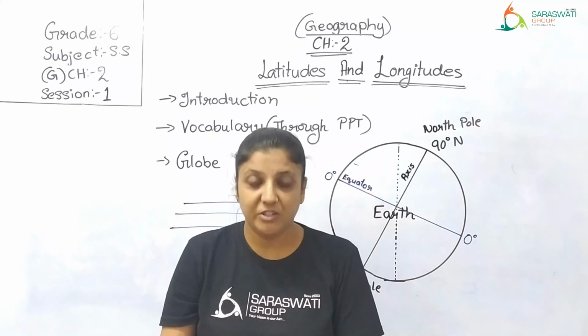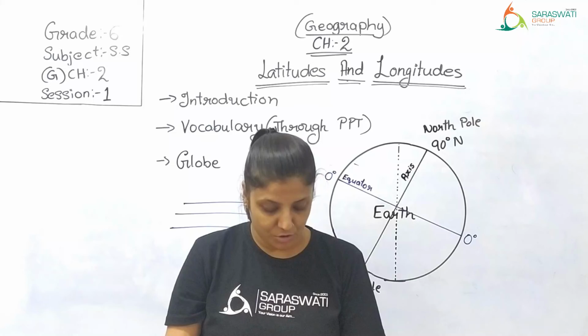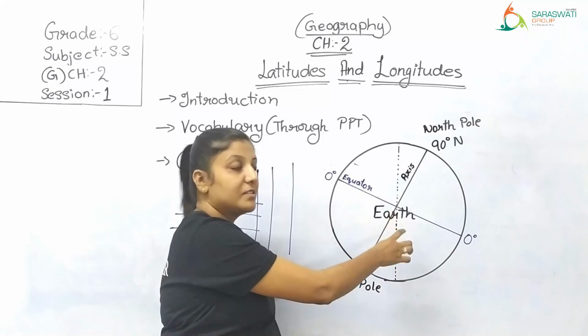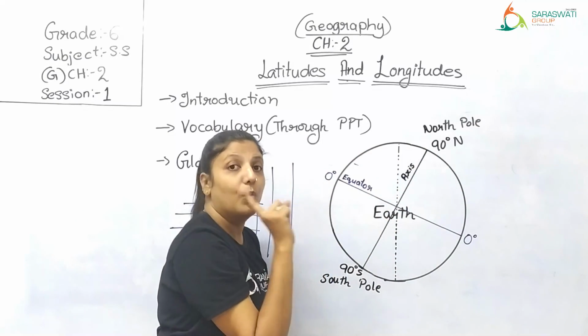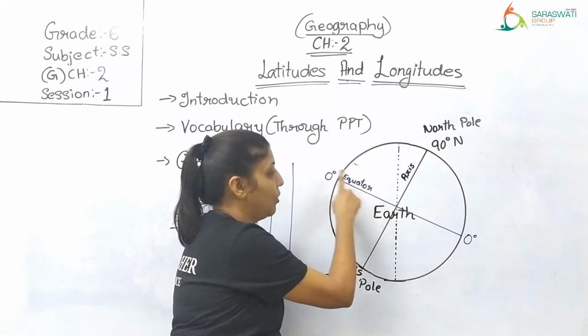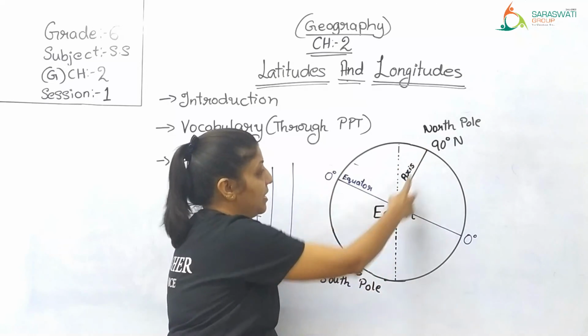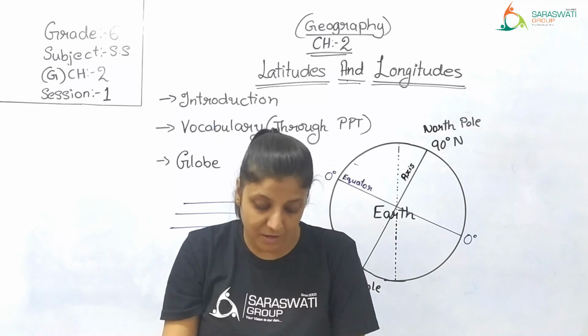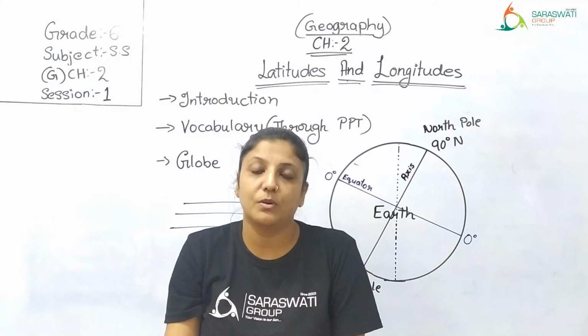Another set of imaginary vertical lines is drawn from the north pole to south pole. See, here I mentioned these as vertical lines. These were horizontal lines. These are vertical lines. They are called meridians of longitude.